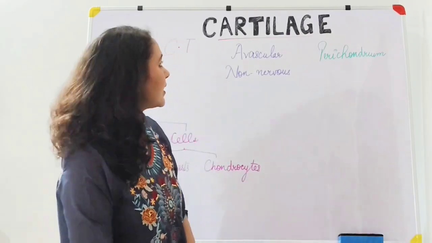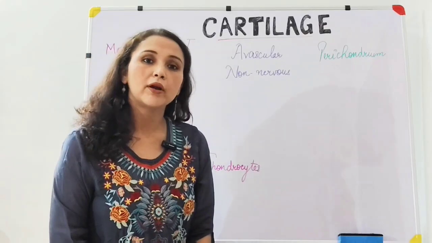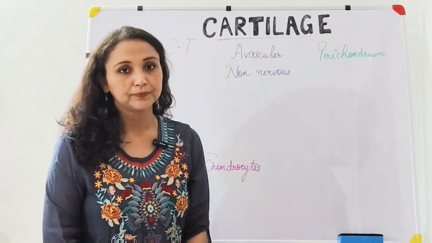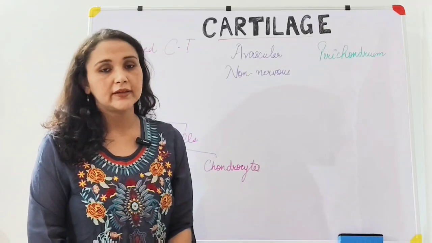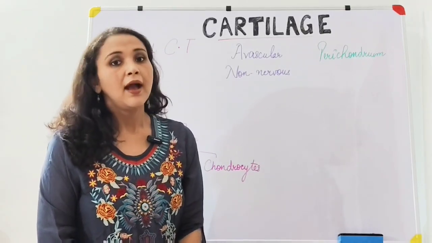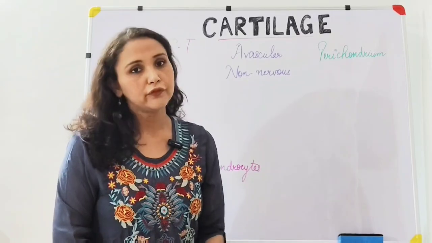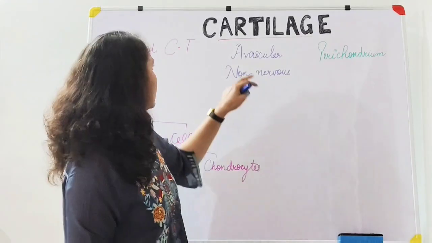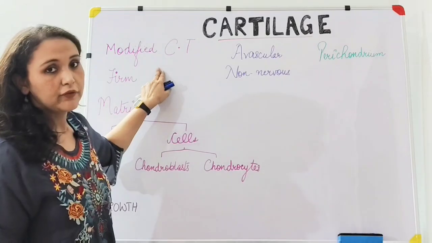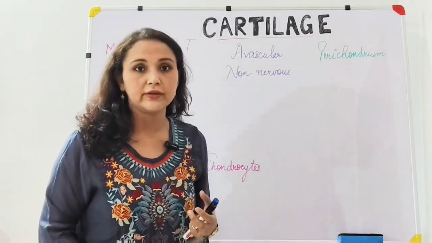Okay, so now starting with the topic of cartilage. As we all know, cartilage is a modified connective tissue, just like bone. So it is another modified connective tissue like a bone, but it has many things different from a bone. We'll be discussing all those in today's video. Bone is very hard and rigid, right?